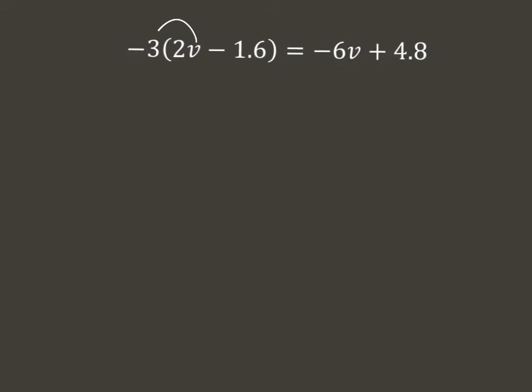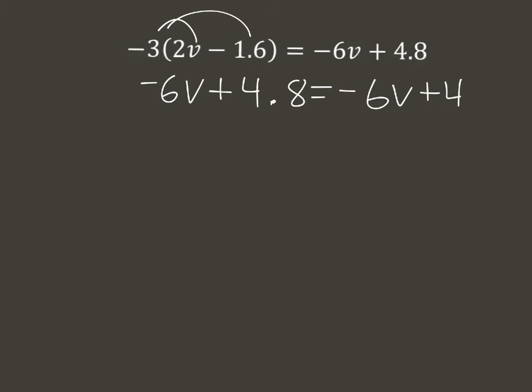All right, next one, distribute first. Once again, now some of you may say, oh wow, this is the exact same problem as the last slide. It is not, so please make sure you still do this one, and I'll show you why. So negative 3 times 2v, negative 6v. Negative 3 times negative 1.6. This gives us a positive 4.8, so that's where it's different.